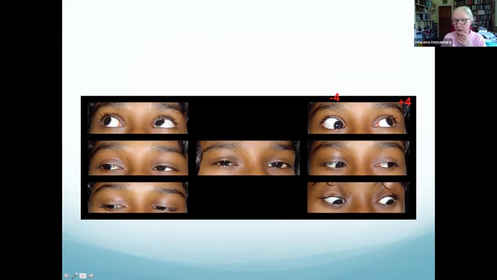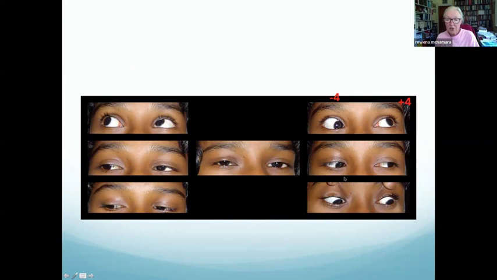So this one goes high, this one isn't moving at all. So we scored this as -4 and +4. So this is the primary underaction, and this is the secondary overaction of the synergist in the other eye, the contralateral synergist, which is the left superior rectus.